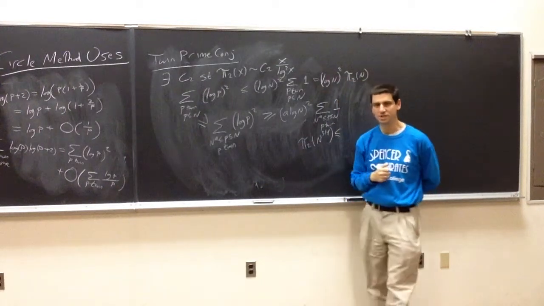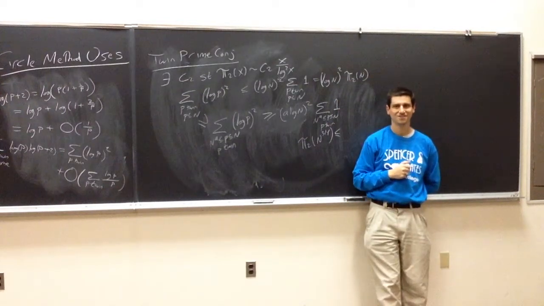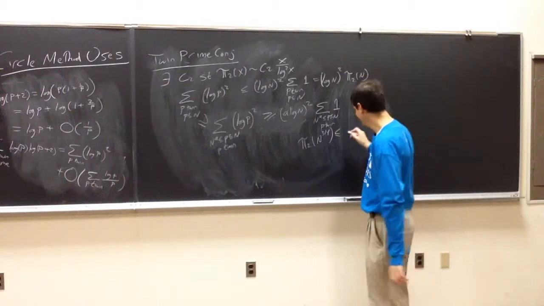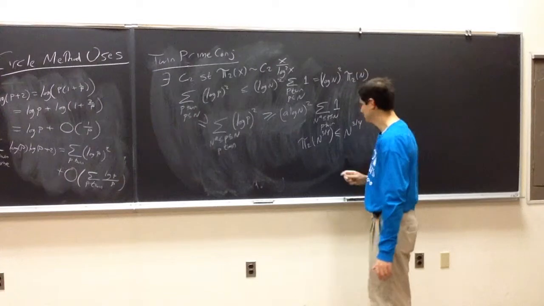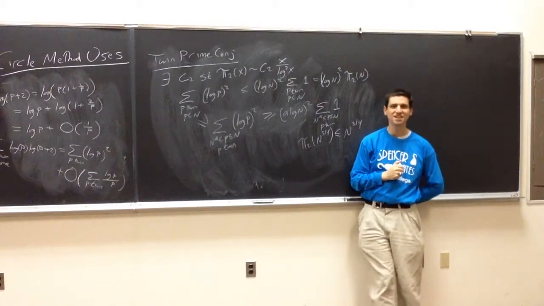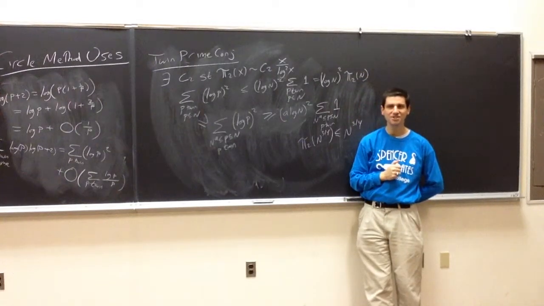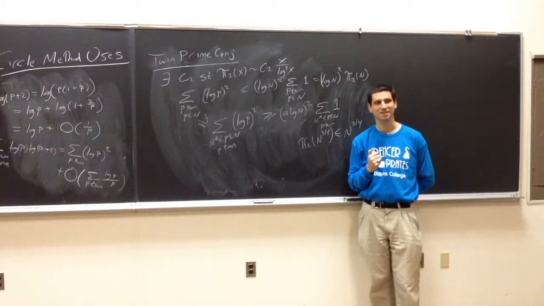How many twin primes can there be at most up to n to the 3/4? n to the 3/4, right? Worst case scenario, every integer is a twin prime. Amazing. Be crude, be as lazy as you can.